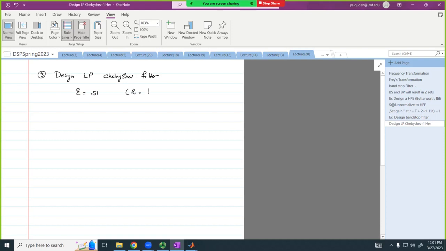That is coming from R equal to 1 dB. So therefore, we want 10 multiplied by log of 1 plus epsilon squared Chebyshev polynomial squared of 1.9 divided by 1, to the power of, oh, there's no power, greater than or equal to alpha, which is equal to 10. So we're going to find the order of the polynomial that is going to meet that, and that is going to be n equal to 2.